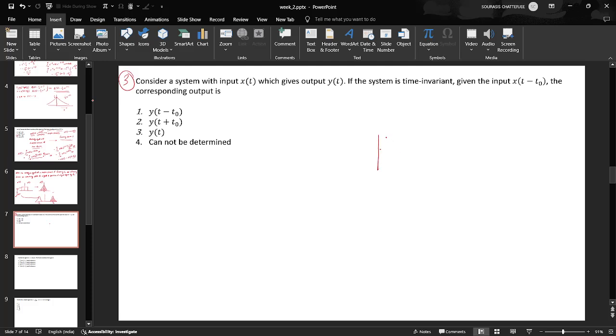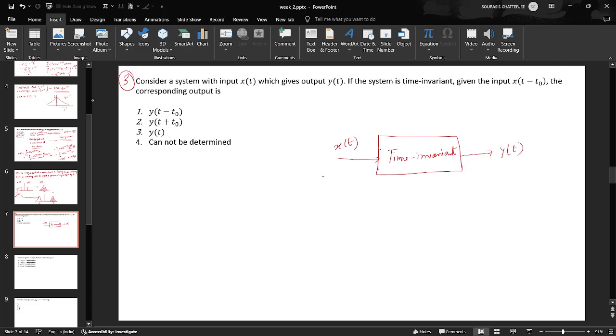So actually, that is pretty straightforward. This is your system, you are calling it time invariant. Now the good thing about time invariant systems is, suppose you are feeding input x(t) at any time, and you observe the output y(t).